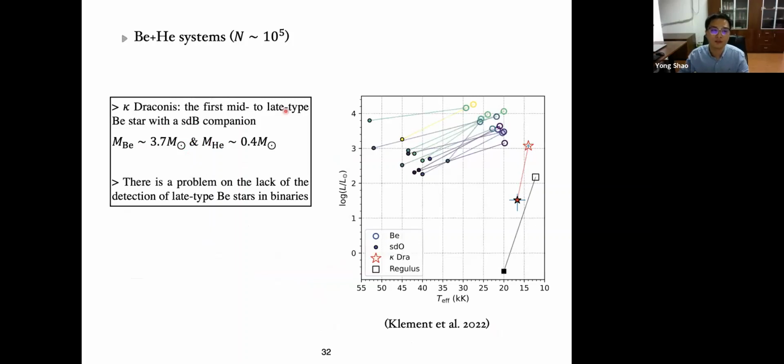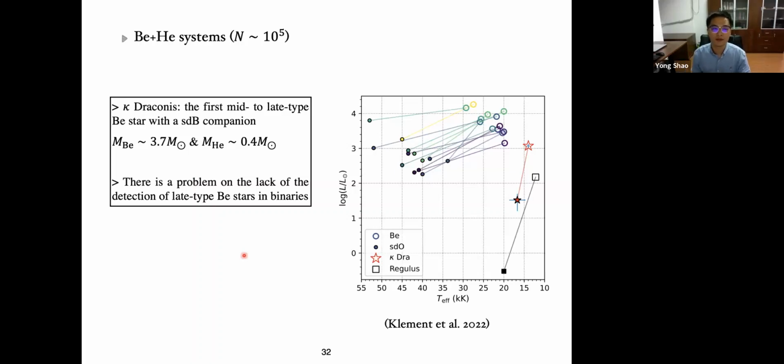Until recently, there is a source named Capdraclis. It is the first emitter of red-type B stars with a subdwarf B star companion. The B star mass is about 3.7 solar mass.